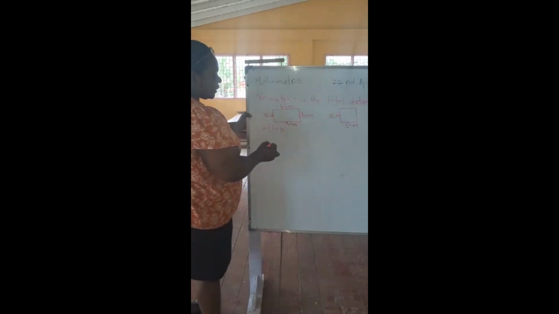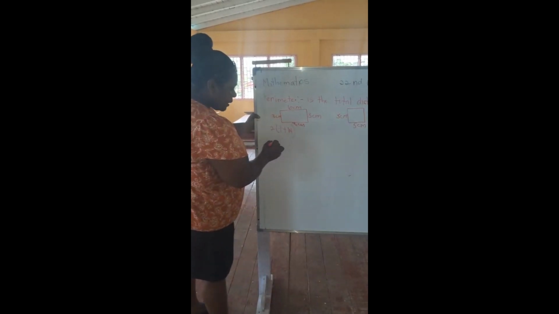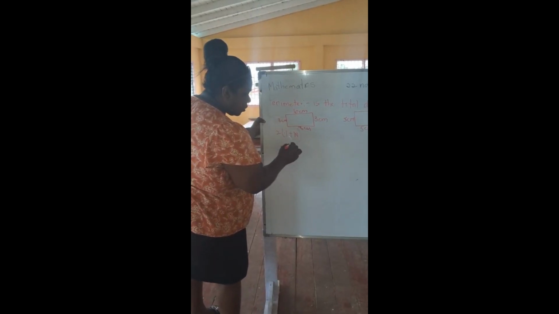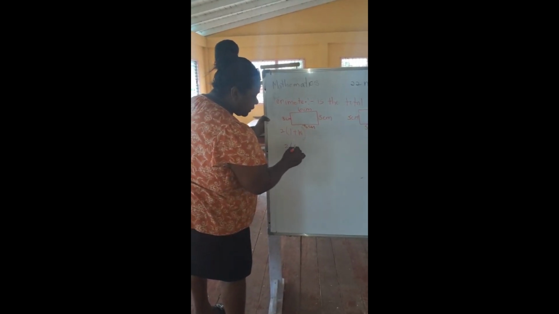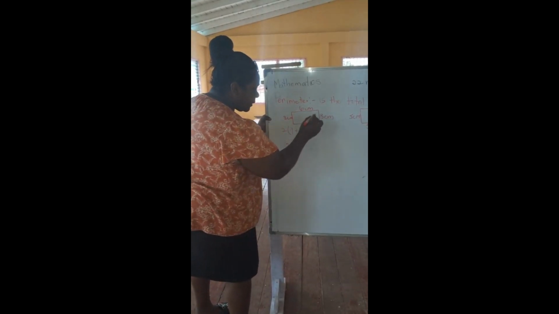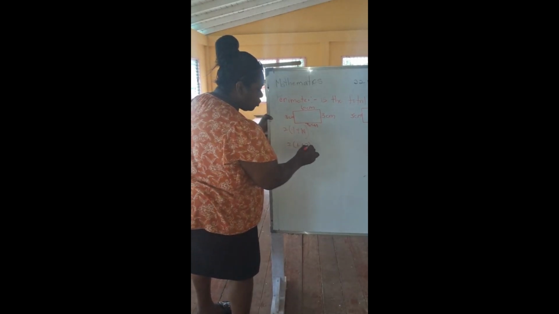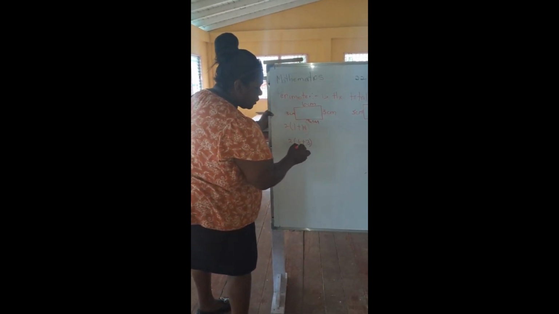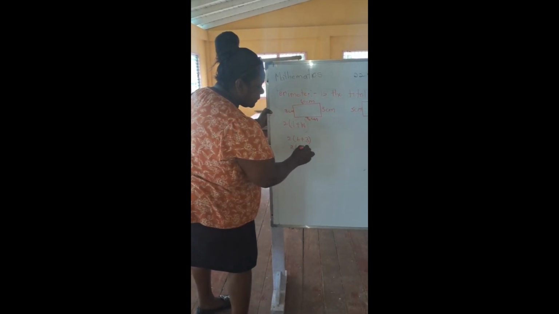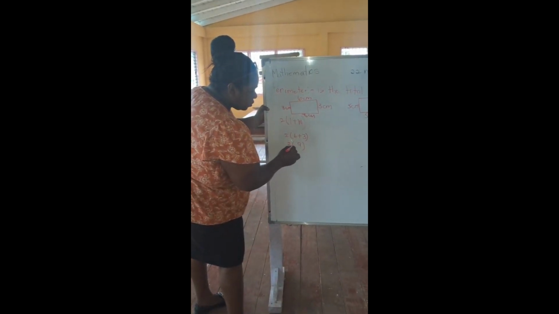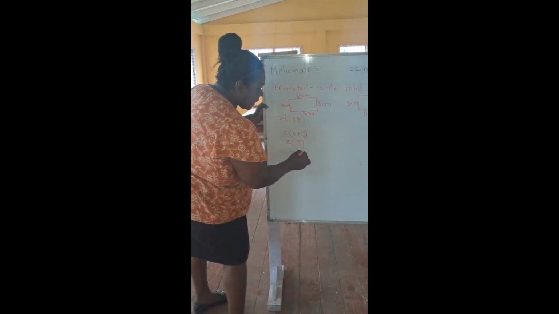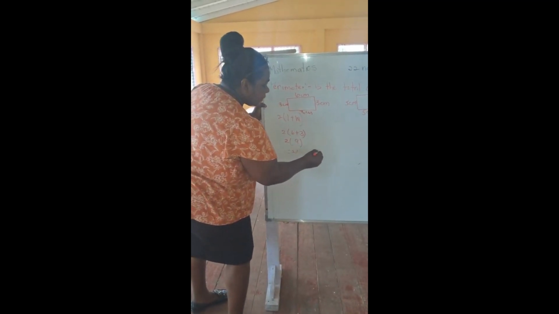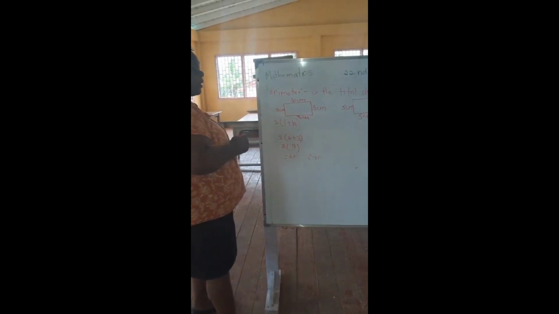Let's use the formula: 2 into length, which is 6, plus width, which is 3. So that's equal to 6 plus 3 is 9, and that will give you 2 times 9, which will give you 18 cm. All right?